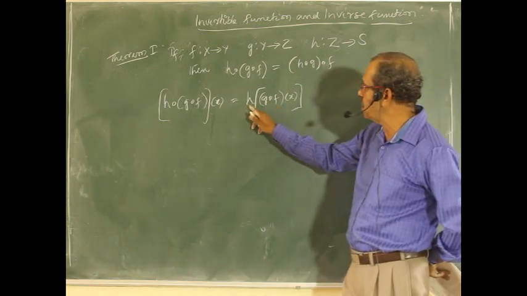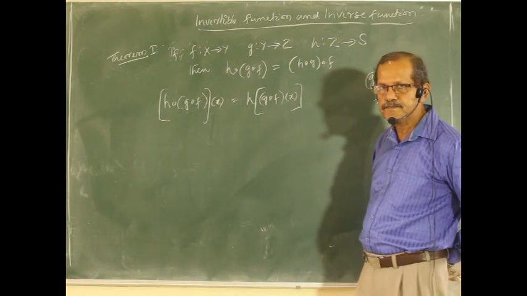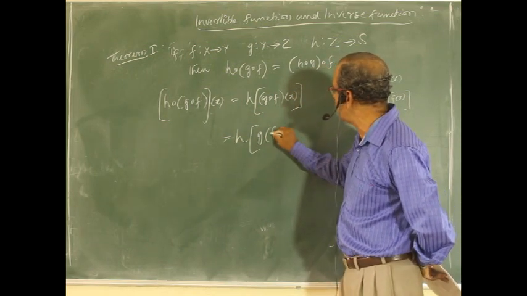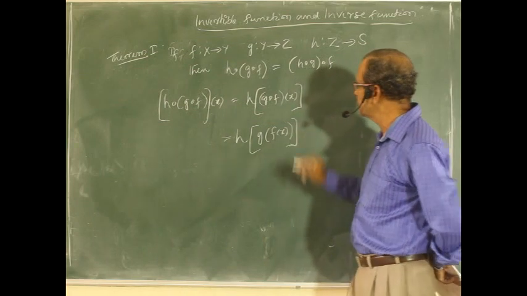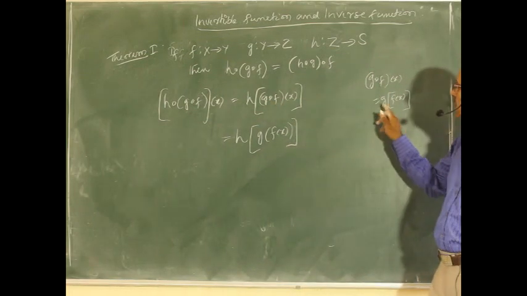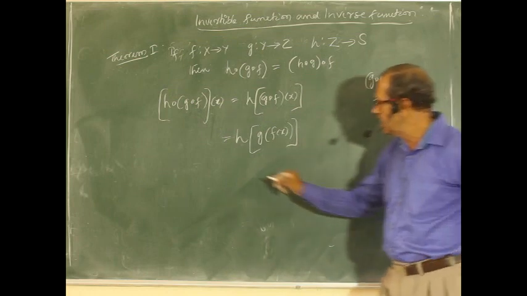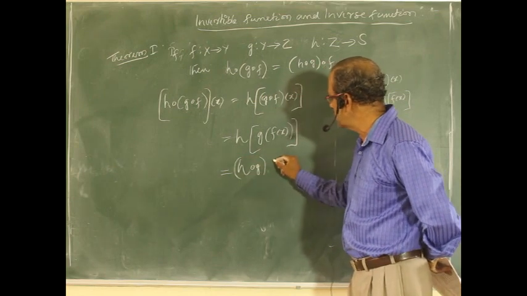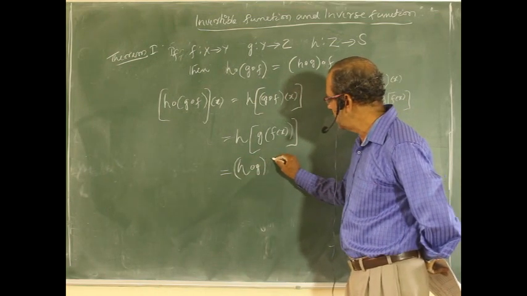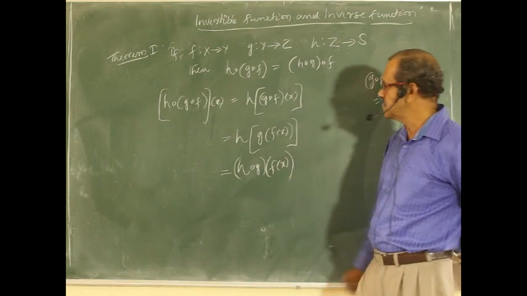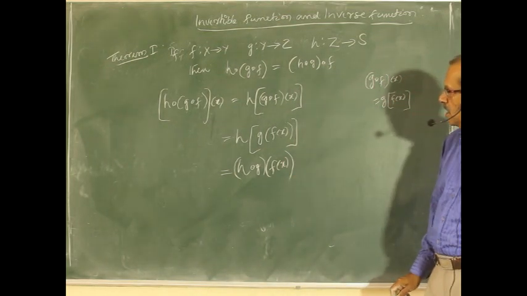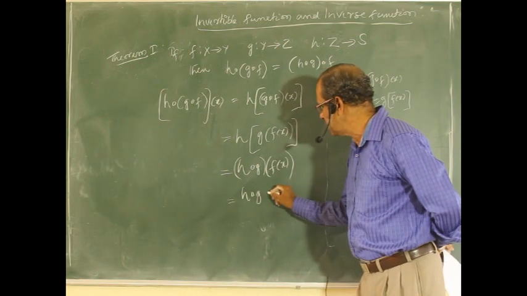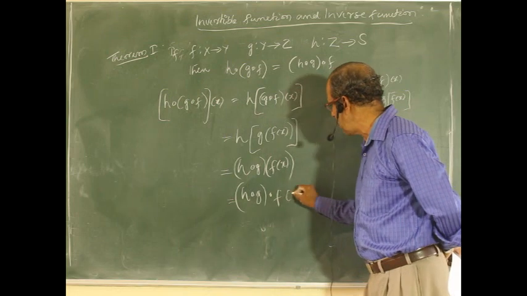So I have written H of G composite F of x, which can also be written as H composite G of F of x, or H composite G composite F of x.